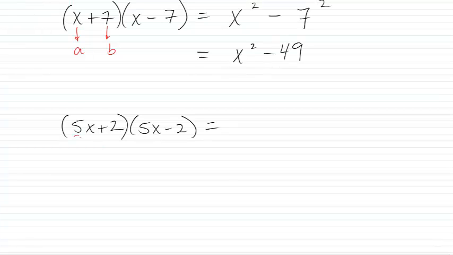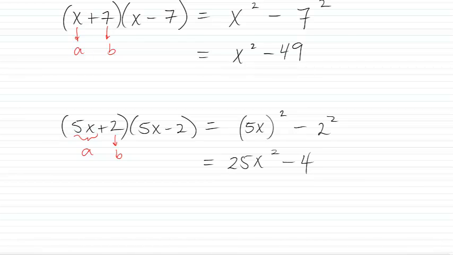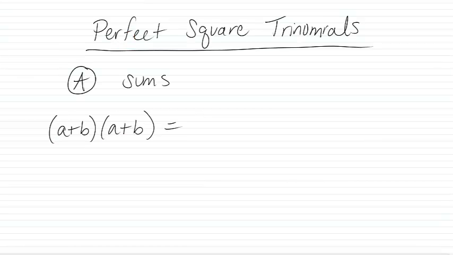So in this case, a is 5x and b is 2. If I apply my pattern, I have the quantity 5x squared minus 2 squared, which means I have to square both the 5 and the x. 25x squared minus 4.